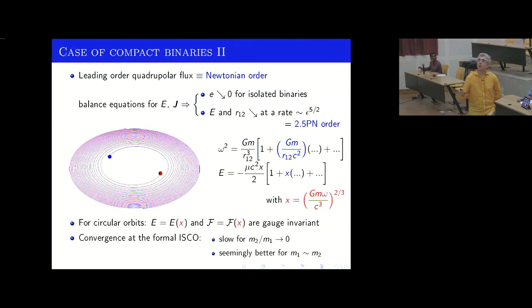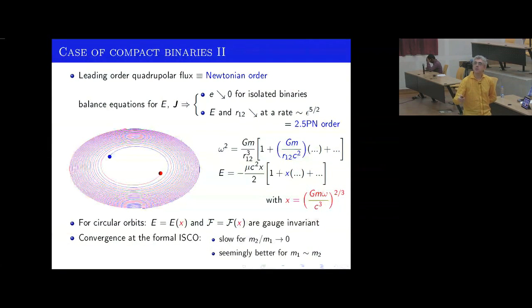So in our counting, the leading order quadrupolar flux will be referred to as the Newtonian order. It's a bit strange because we know it is proportional to 1 over c^5, but this is the terminology we use.